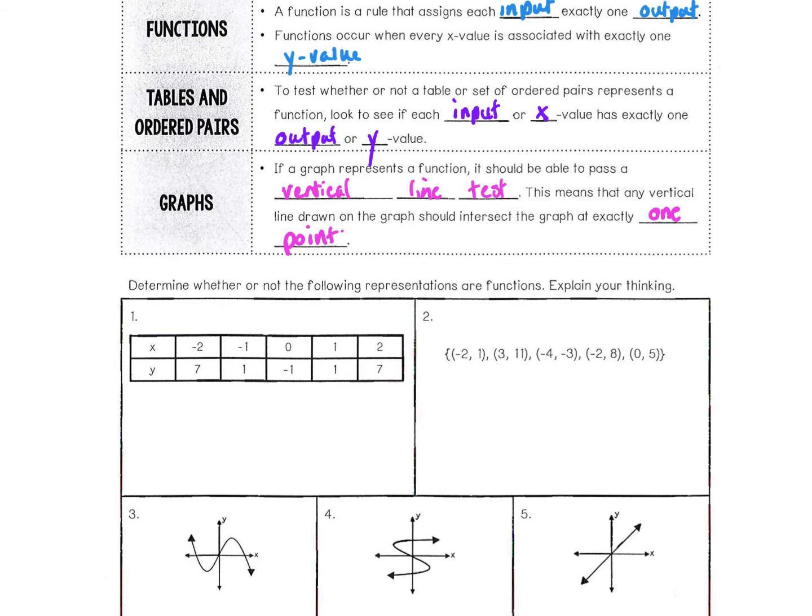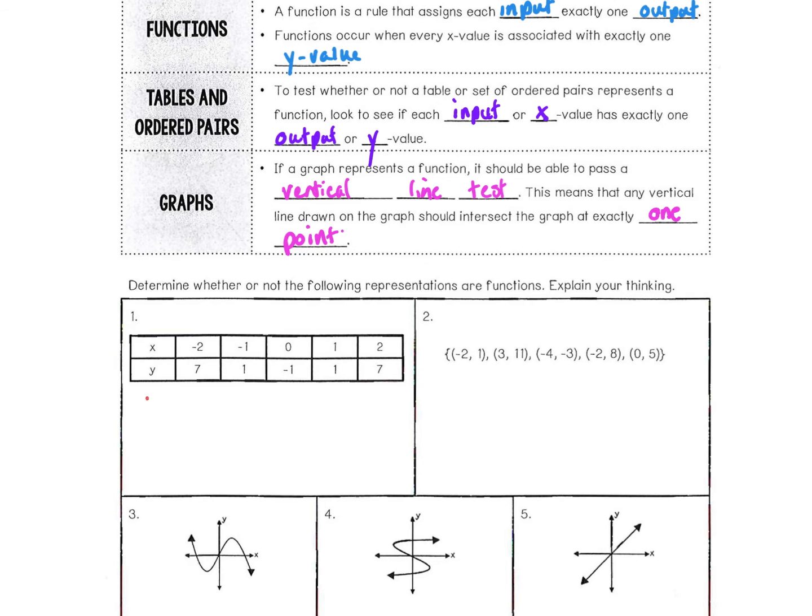As we look at this, I can see that every x value is unique. Nothing is doubled. However, the y values are doubled up. But this 7 goes with -2, so the input has one output. There's no input that we see twice, meaning it's paired up with a separate number.